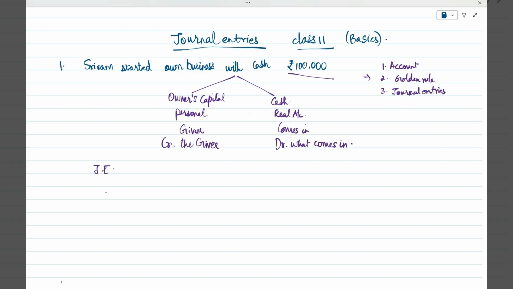So automatically we now know the journal entry. We need to debit cash account, debtor to capital account, of how much rupees? You have your debit and you have a credit balance, so it is 1 lakh.